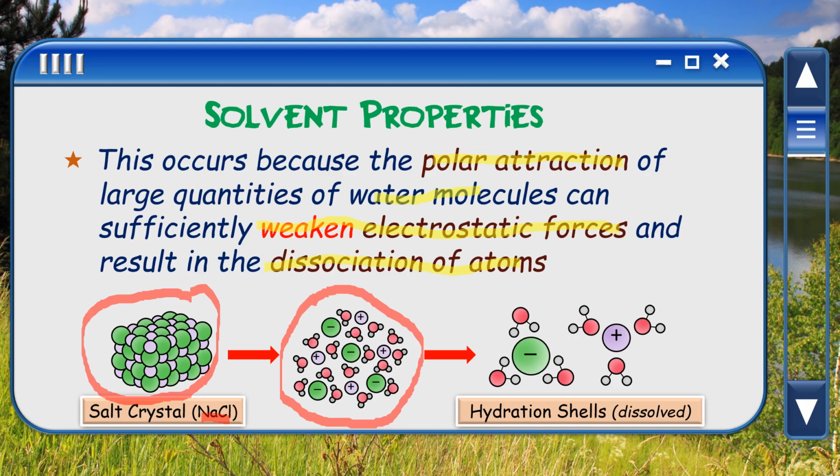This causes them to dissociate, or separate. It will separate the chloride ion away from the sodium ion, thereby dissolving them.